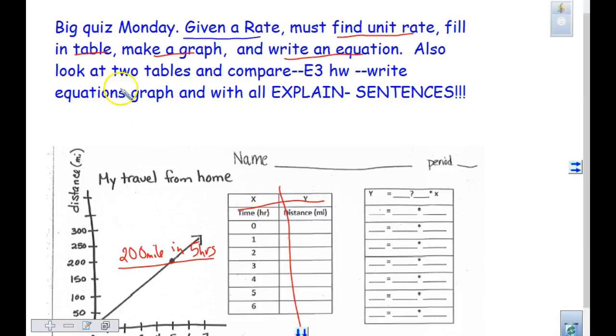The other thing I'm going to do is give you 2 tables. And I'm going to say compare them like we did in E3. I'm going to say, okay, who's making more money per hour? Based on maybe the equation and based on this story situation or on a table. You are then going to be asked to graph both of them. You're going to be asked to write an equation for both of them.